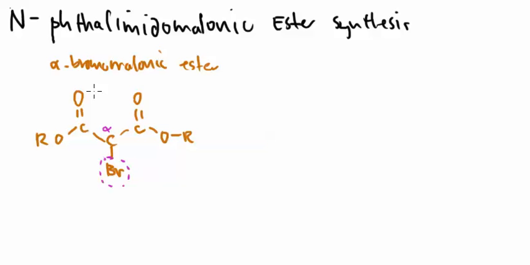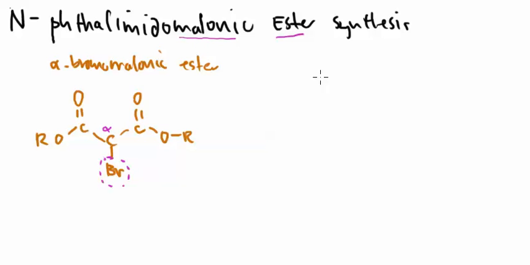So if we can maybe attack that carbon and force that bromine to leave, because it's a good leaving group, by the way, already in the beginning, then we can persuade this molecule to go forward in a reaction for us. So there is the alpha bromomalonic ester. That is the starting feature for this reaction. Now, we have taken care of the malonic ester portion of the name of the reaction.